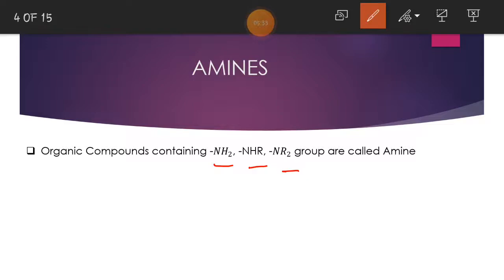However, your syllabus is limited to only one class of amine, that is the primary amines. But we will discuss all three types so that you may be able to identify organic compounds as amines wherever you see them or wherever you study these compounds.